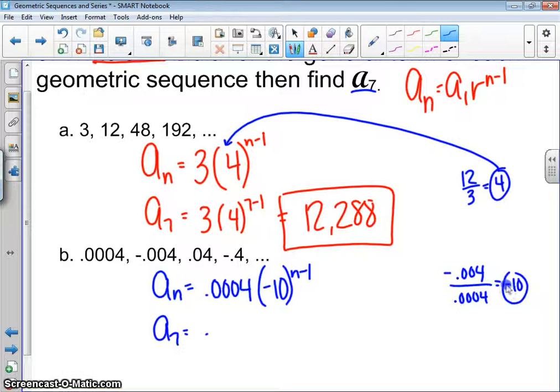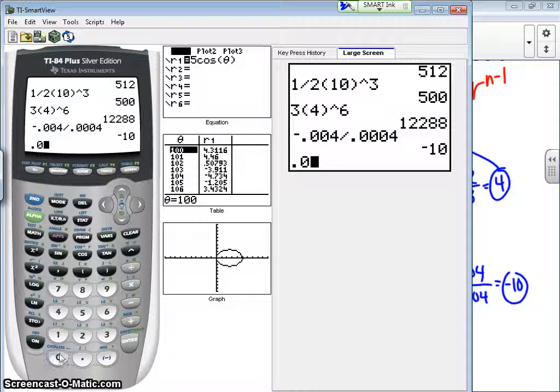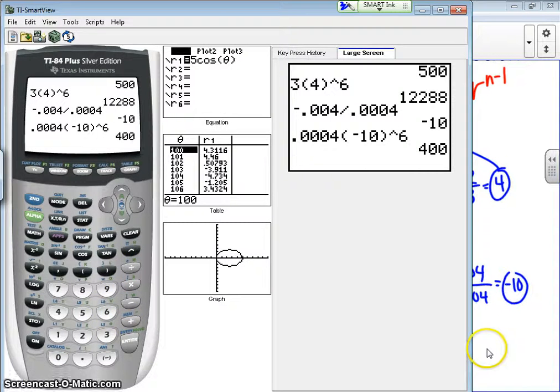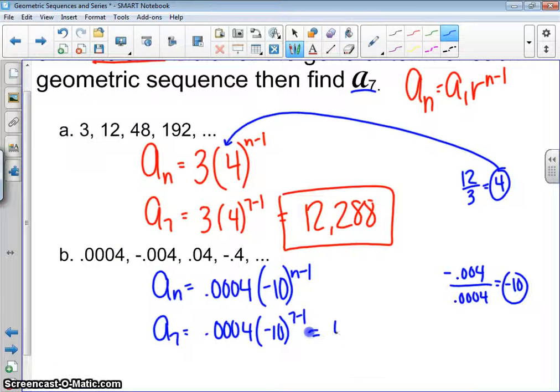So A7 is just going to be 0.0004 times -10 to the 7 minus 1, which is 6, and when I plug this in, 0.0004 times -10 raised to the 6th, that's just going to give me 400 for my 7th term.